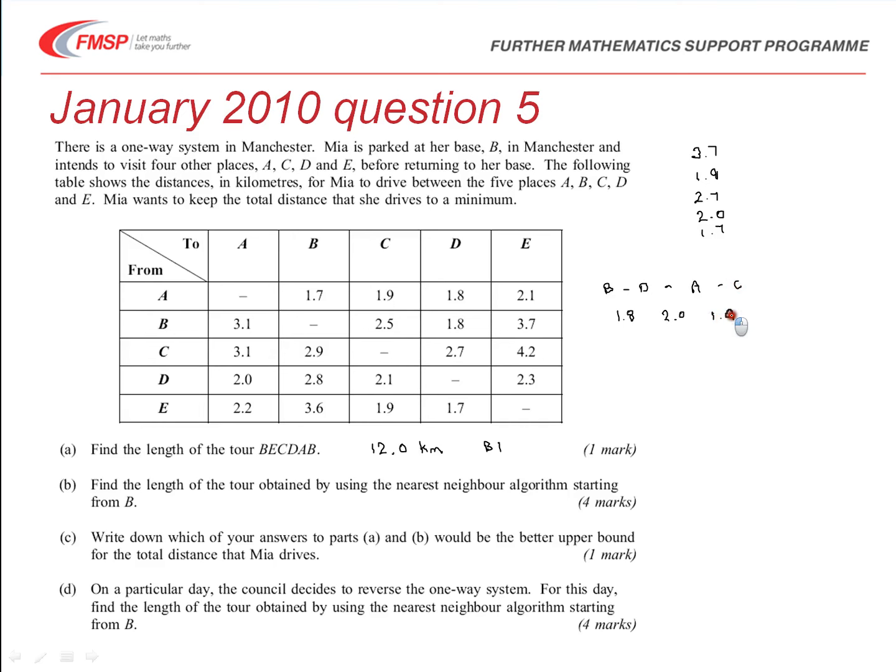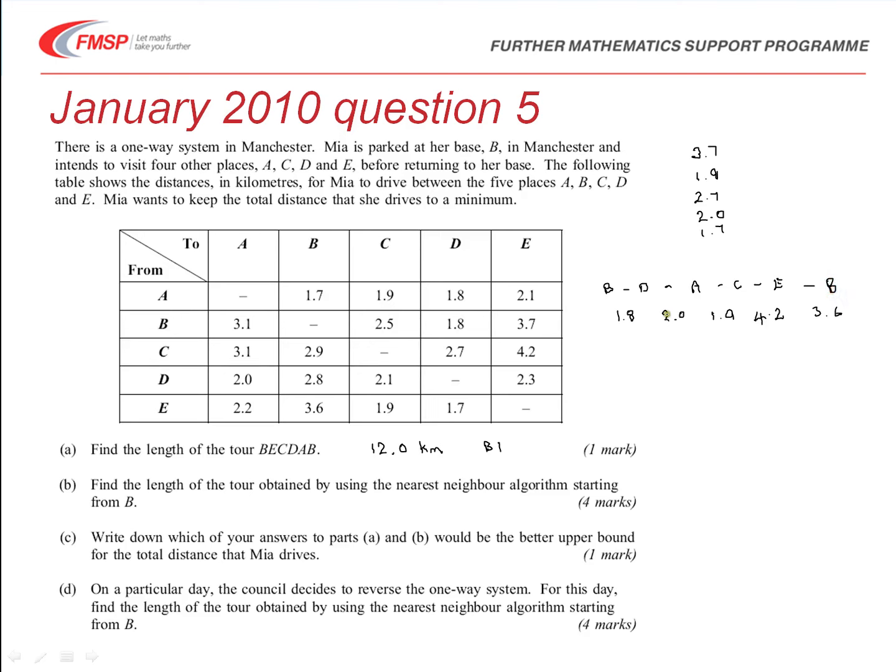And then from C, we would go to E. And then from E, we would end up going back to B, which is 3.6. Then we've got to add that lot up.